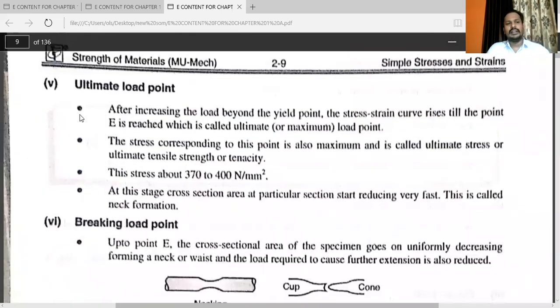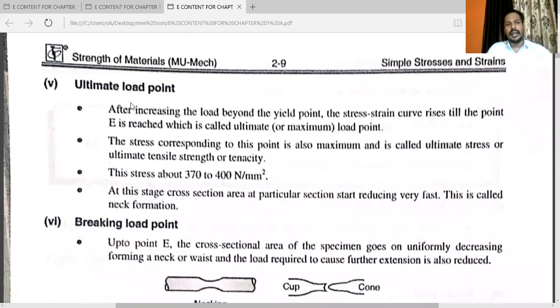The next point is the ultimate load point, that is your E point. Already I have shown you in the diagram. After increasing the load beyond the yield point, the stress strain curve rises till point E is reached, which is called the ultimate, or the maximum load point.